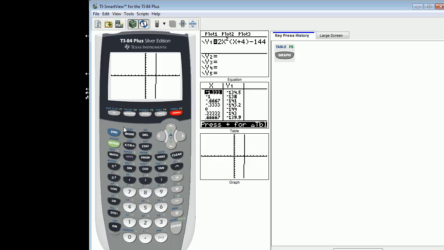You got it too? 3. So does that mean we go a little bit past 3? A little bit before 3 for the left bound, a little bit past 3 for the right bound. How do you know that? Because look where it crosses. Just a tiny bit past 3.